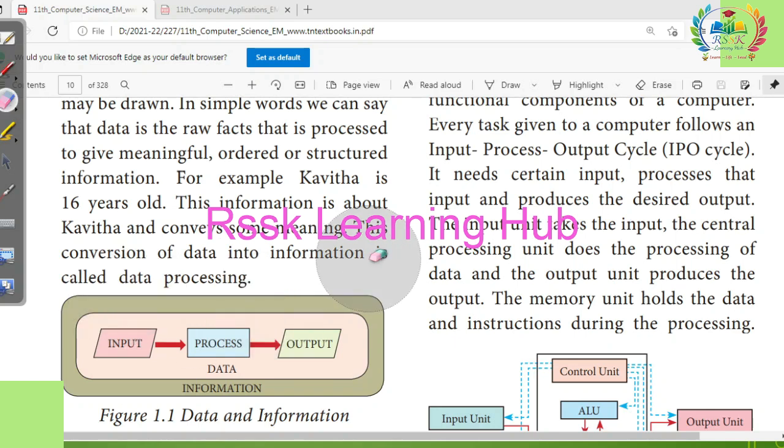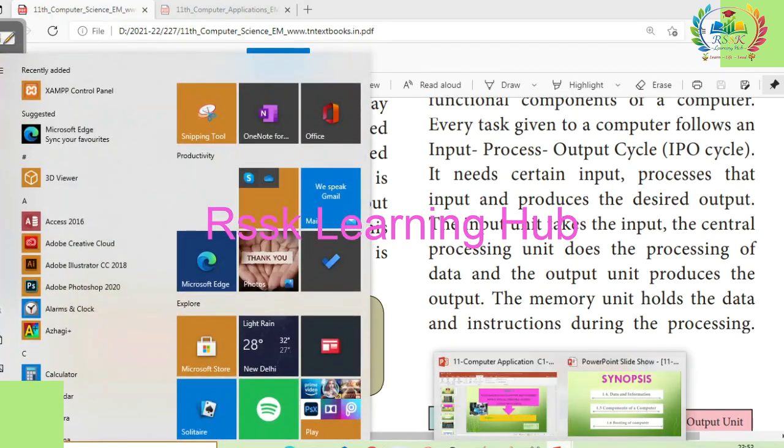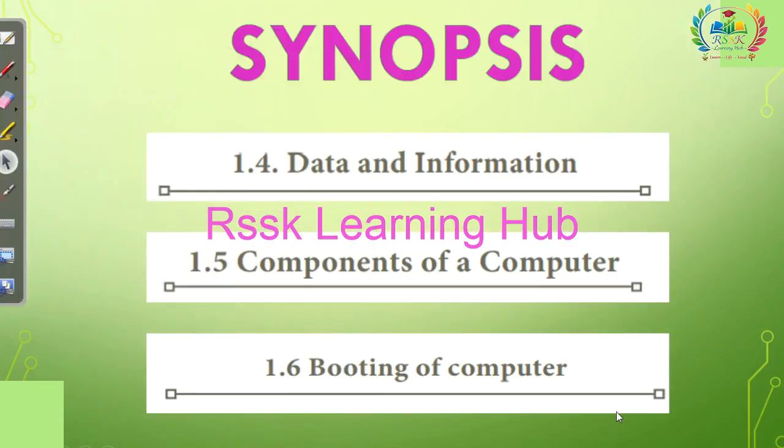Next, we will see about the various components. In the first video itself, I mentioned what the various components in a computer are. Yes, very good: input, then CPU and output. So what are all the things embedded in this CPU part, and what are the various usages of it? We are going to see in depth.